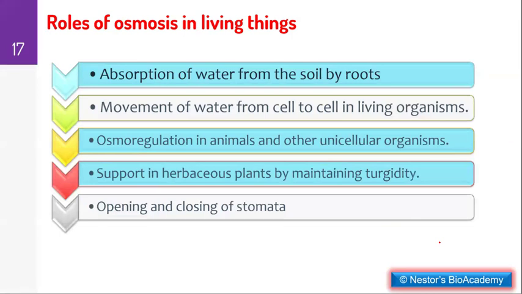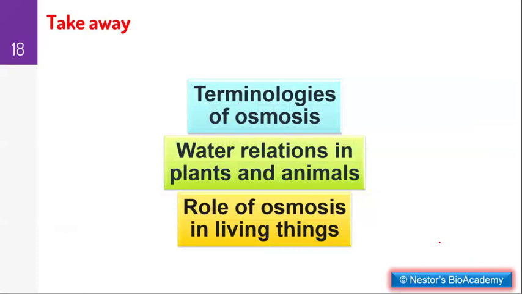And of course, that one is contributing to osmoregulation. We also have absorption of water from the alimentary canal in our bodies as animals. So this makes osmosis a very critical process in supporting life in our bodies.